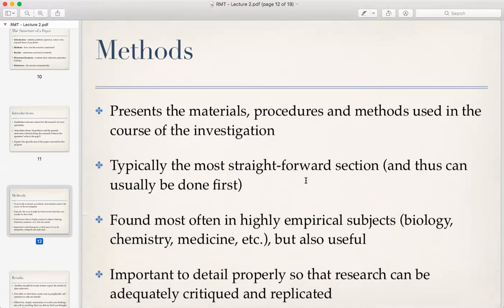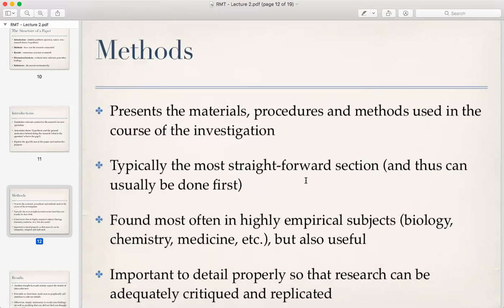You're presenting the materials, the procedures, the methods that you used in the course of the investigation. And typically this is the easiest section because you should really be taking the notes for the methods all along. This shouldn't be hard to do because you have a very good record of how you did your research as you were doing it, right?